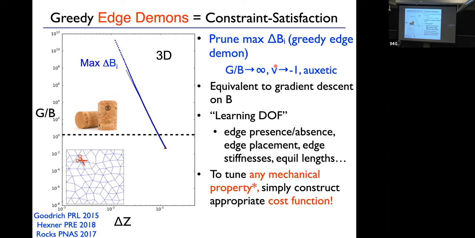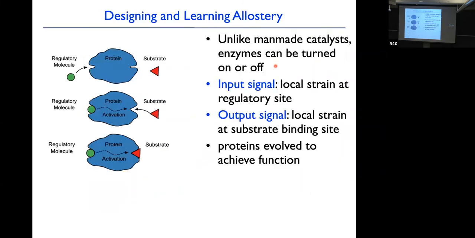I can take any mechanical property that I want that can be written as a sum over the edges, and then I can vary these learning degrees of freedom to do gradient descent to get that thing to have whatever value I want. So all I had to do to tune any mechanical property is construct the right cost function. That's pretty powerful. So then we started being more ambitious.